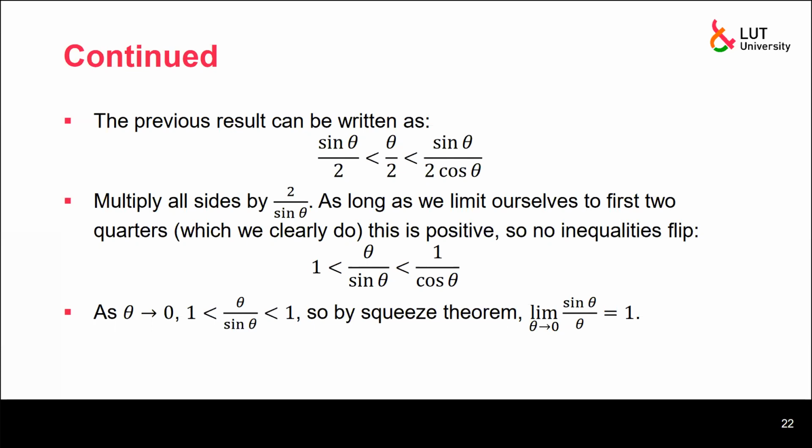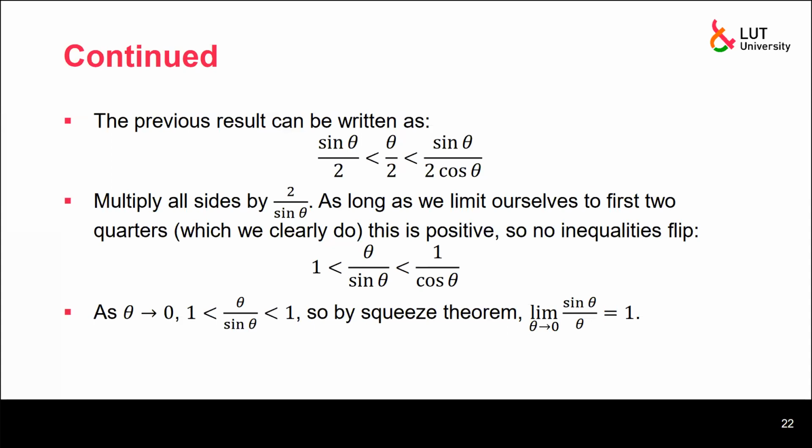Then in the middle, we get theta over sine theta. And then on the right side, we get 1 over cosine theta. When theta goes to 0, cosine theta goes to 1, so it's 1 over 1. We're looking for the inverse of theta over sine theta, but the inverse of 1 is 1 as well.